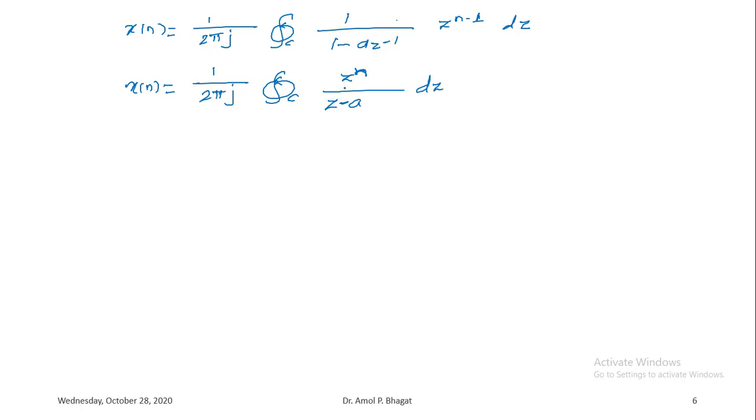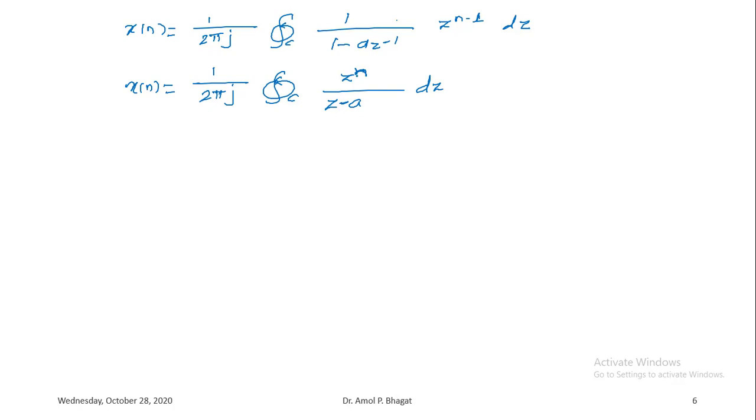One will be at z equal to 0, because it is negative, so 1 upon 0 is infinity. And another one will be at z equal to a, since a minus a will be 0. So if n is negative, it has two poles, at z equal to 0 and at z equal to a.